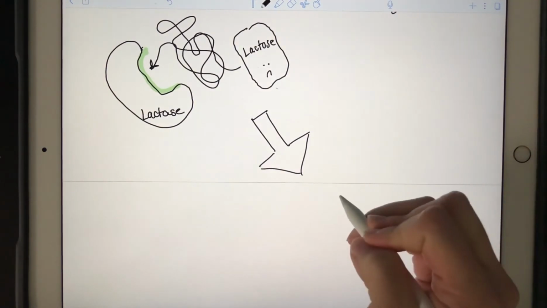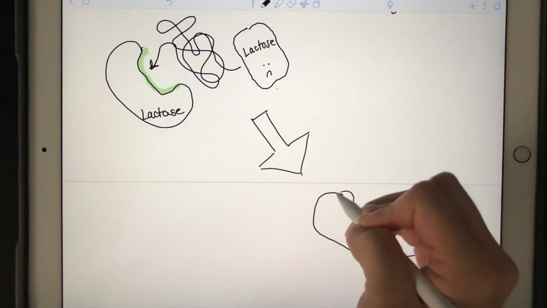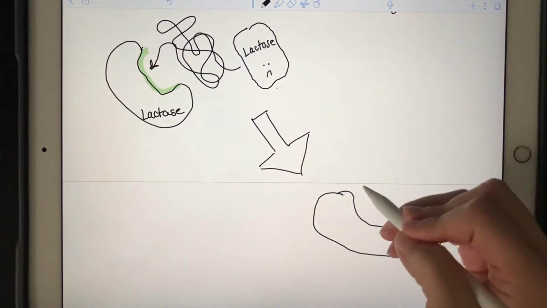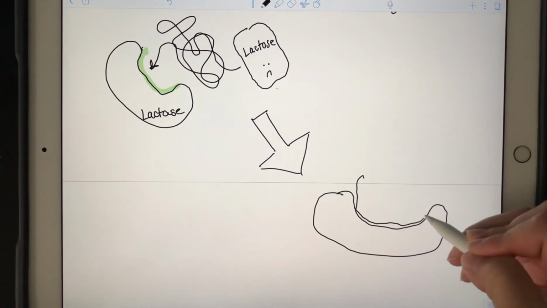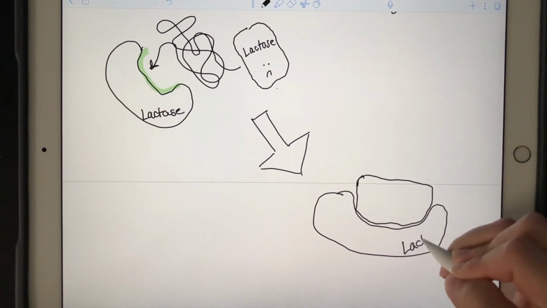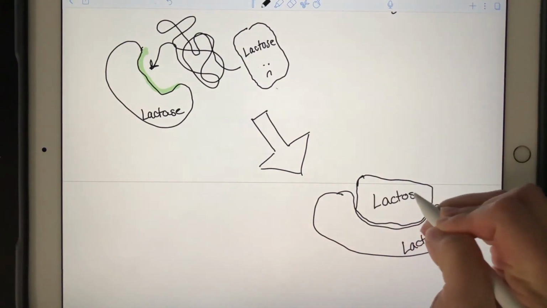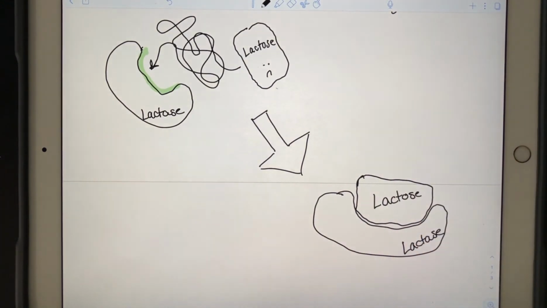Once that lactase gets a hold of our lactose, we can make a drawing that looks a little bit like this. Right, so our lactase is hanging on to our lactose.